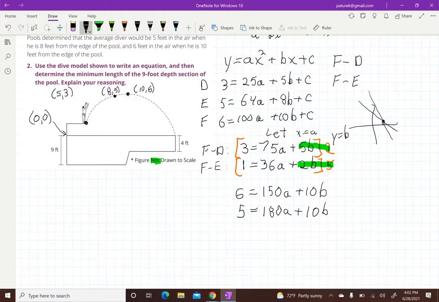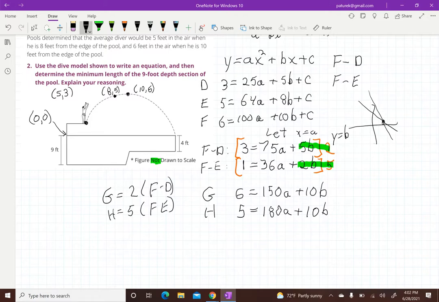I've now created a situation where I can subtract one expression from the other to eliminate b. I'm going to subtract, let's see, D, E, F, G, H, where G was equal to 2 times f minus d, and H was equal to 5 times f minus e.